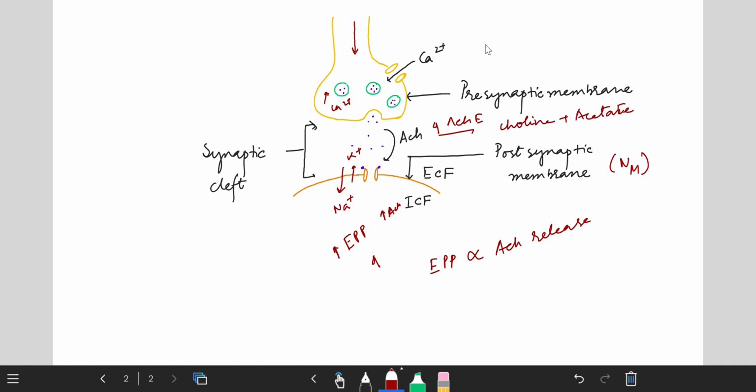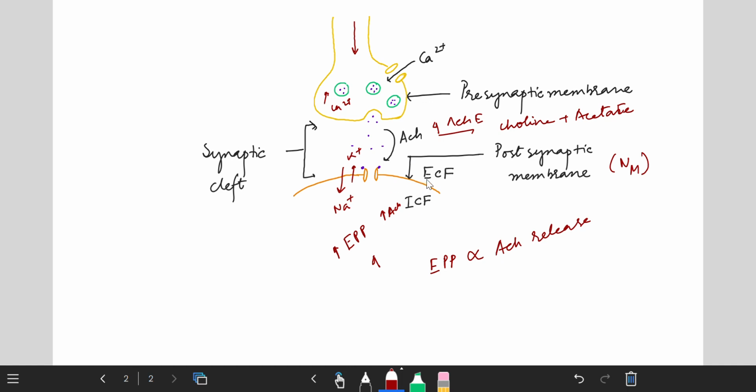This choline is again taken up by the presynaptic membrane or neuron and causes the synthesis of acetylcholine. Okay, and where is this acetylcholinesterase enzyme present? It is actually present in the postsynaptic membrane.